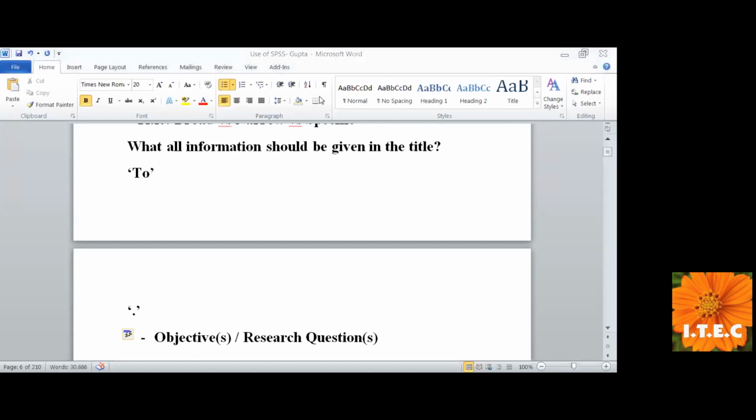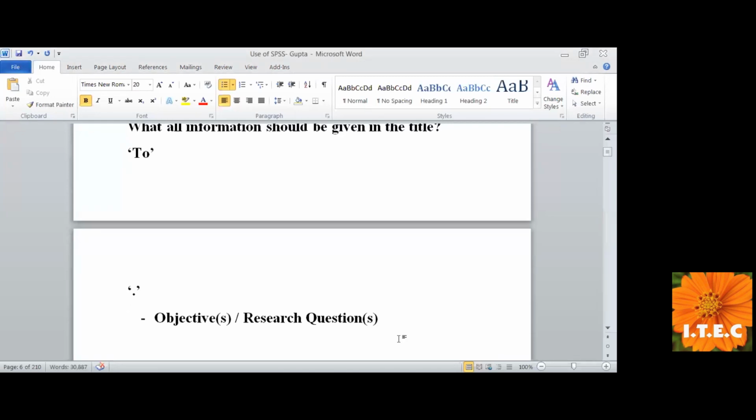I have seen many researches in Shodh Ganga that have written objective as well as research question. That is technically wrong. So you must know that either you write objective as a heading and then write a simple sentence, or you write research question as a heading and convert the simple sentence into the question form.